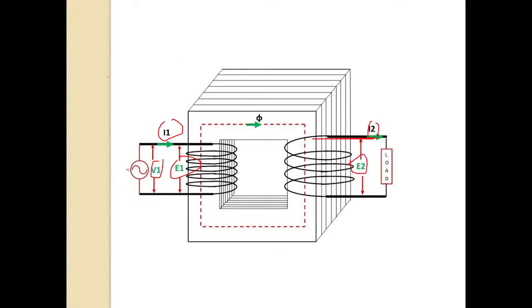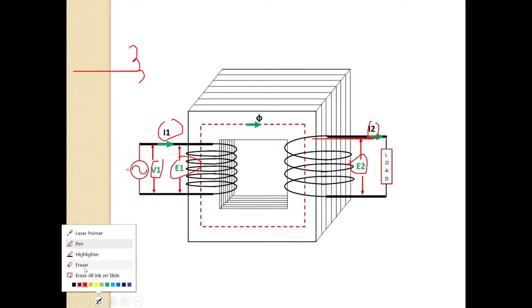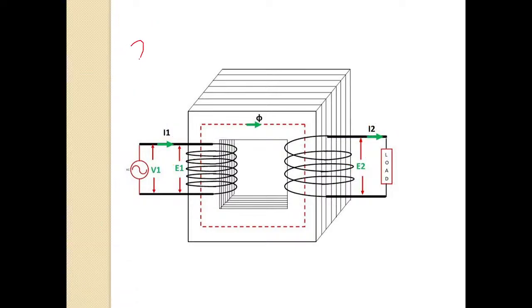So the symbolic representation of a transformer is simply a coil. This is the primary coil, secondary coil, and two parallel lines. So this is a symbolic representation of a transformer.